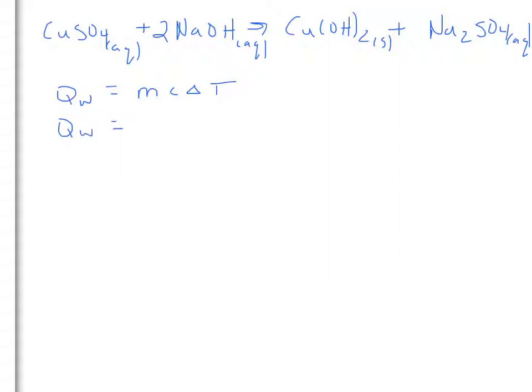The first term is the mass of the water. If I look at the question, I have 50 mL of fluid in my calorimeter. That translates into 50 grams of water using the density of water equaling 1 gram per mL.